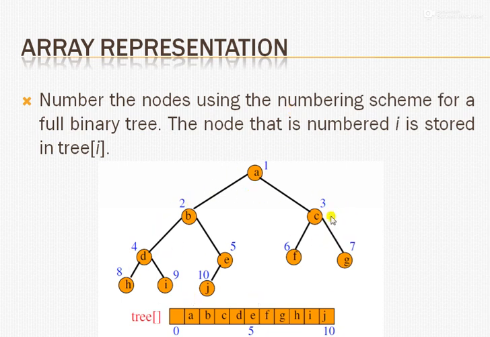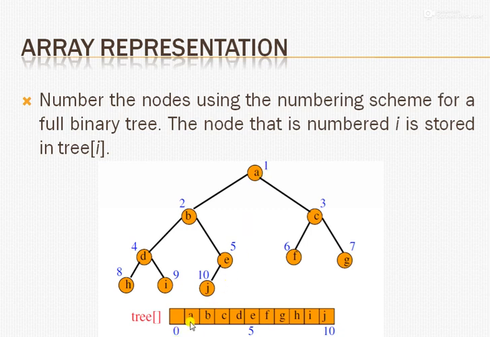So in array representation, what we did in the previous class is, if you want to represent the tree in an array-like structure, first you give the numbering. Numbering the nodes using the numbering scheme for a full binary tree or a binary tree, the node that is numbered I is stored in the array, named say tree, at index I. For representing this tree, the array size here I am considering as, say, 11, and the root is numbered from 1.